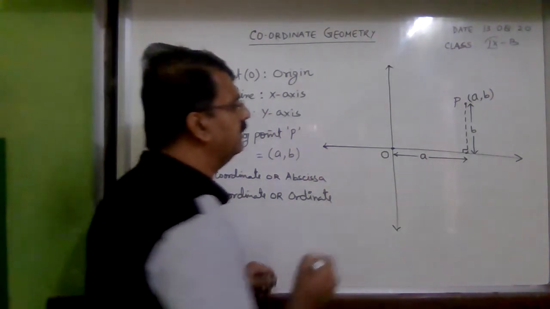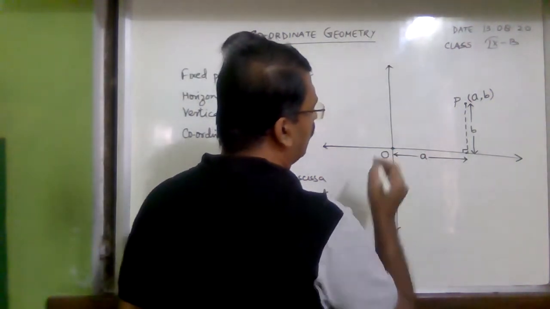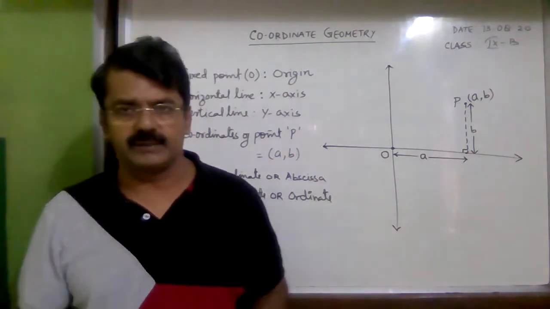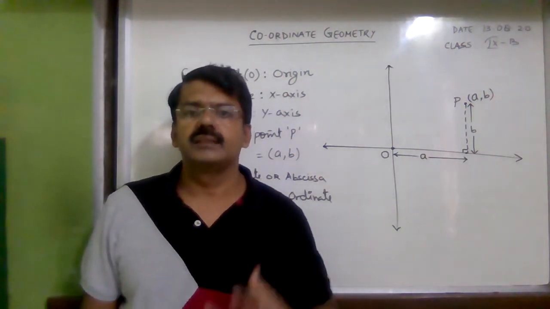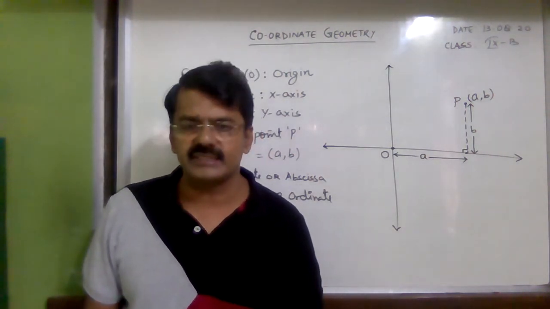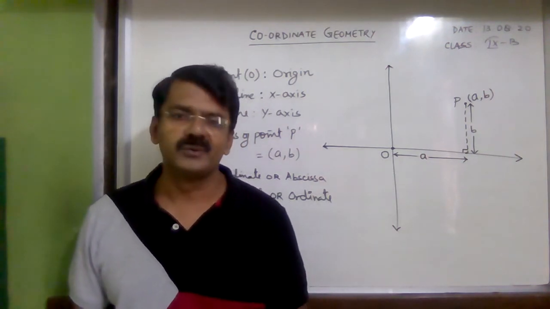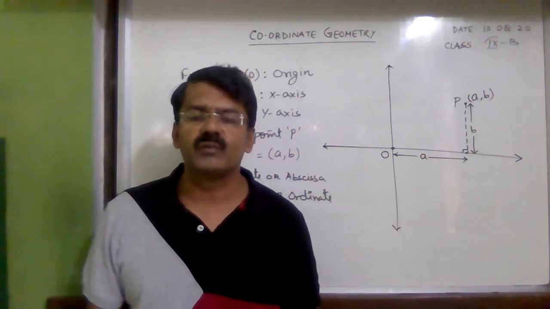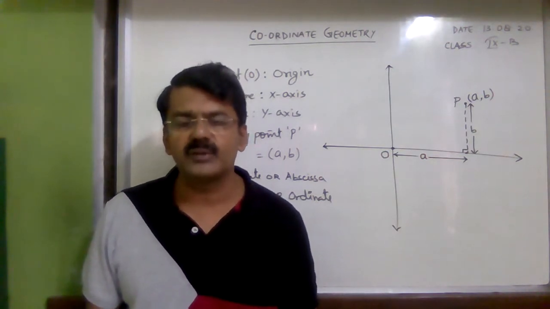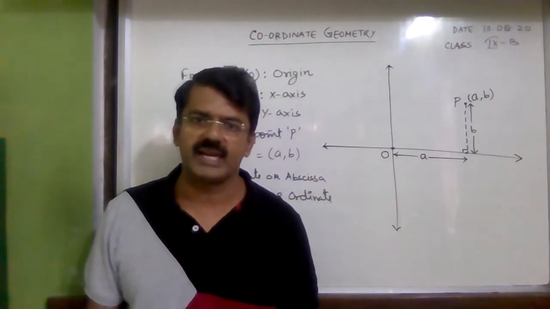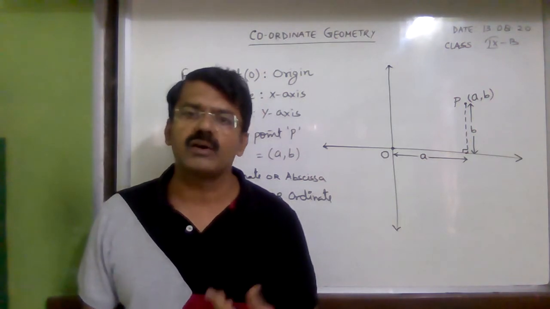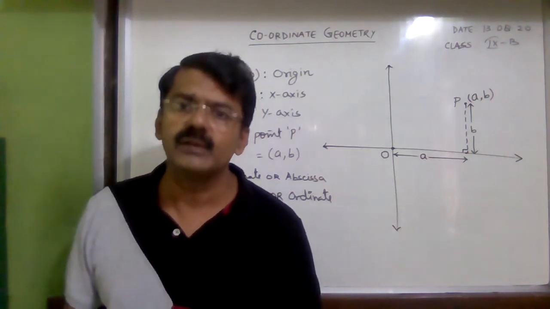Now tell me one thing. We want the coordinates of origin, means the distance covered along x-axis and y-axis to reach origin from origin. So you know, to reach origin from origin, we don't have to cover any distance along x-axis or y-axis. Means the distance covered along x-axis as well as y-axis will be 0.